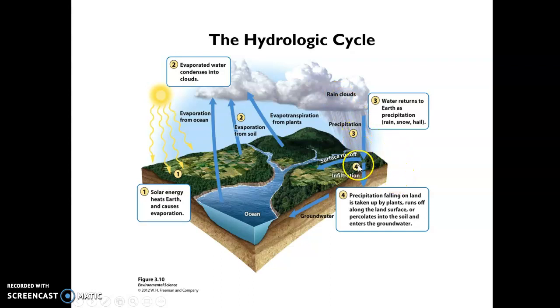And then when the precipitation reaches the earth, certain things can happen. Mainly, one thing that can happen is that water infiltrates the soil. So it's taken up by plants and runs into the soil, eventually forming a very important thing to us, which we'll talk about later, which is groundwater. Lots of water in the ground from which plants, and eventually, as it goes deeper, humans can extract water.